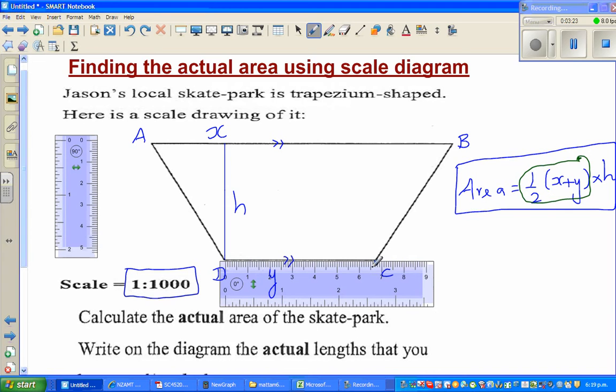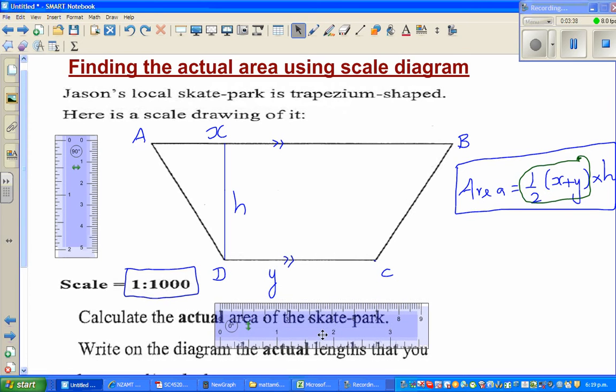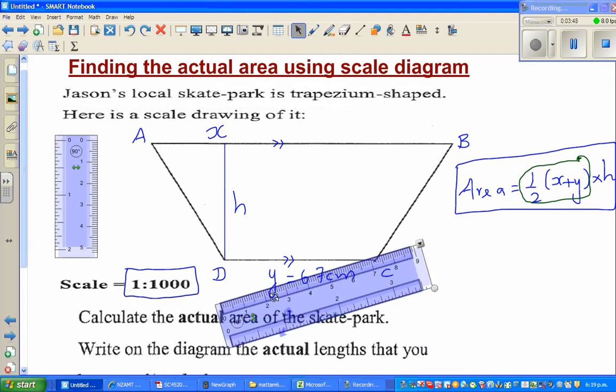This is 6.5, 6.6, 6.7. I can't say exactly, but the nearest I can say is 6.7 centimeters. So the length of y is 6.7 centimeters.